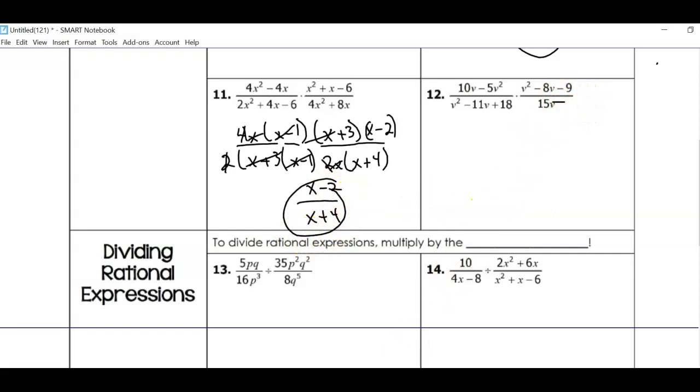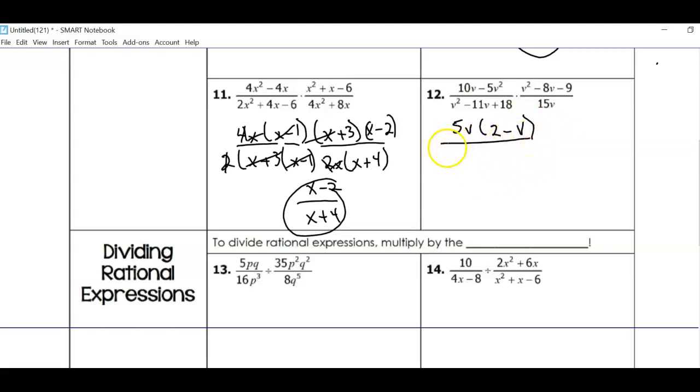All right, let's take a look at number 12 here. So number 12, should I erase that? Okay, there we go. So I need to factor out a 5v. That leaves me with 2 minus v. Okay, let's go ahead and do this denominator.